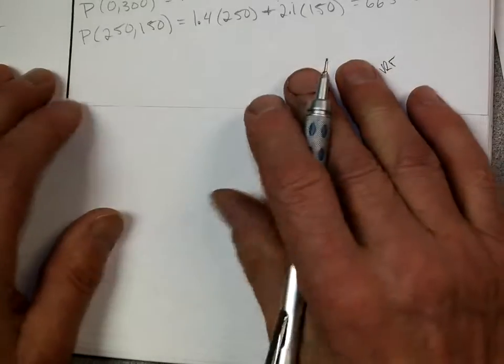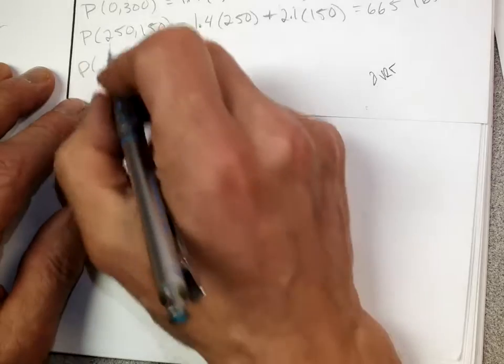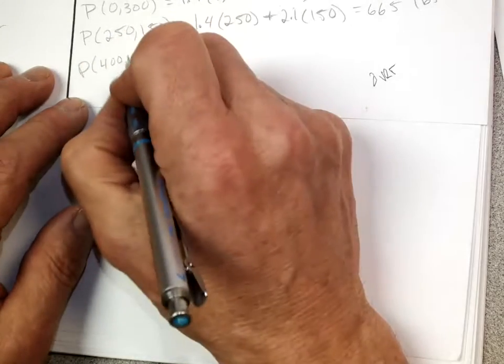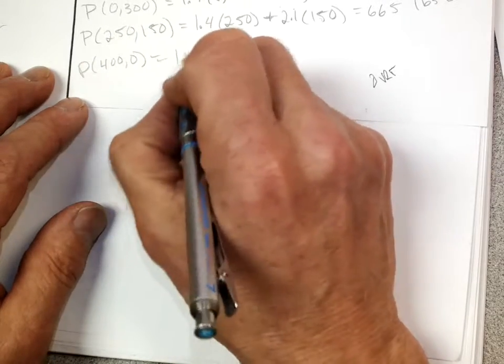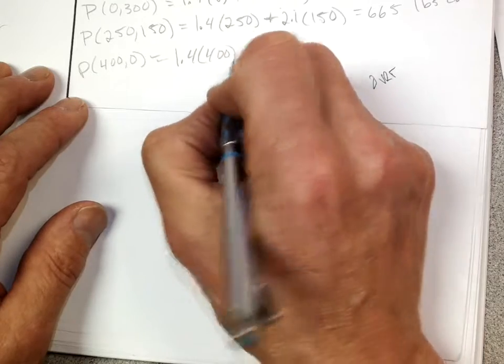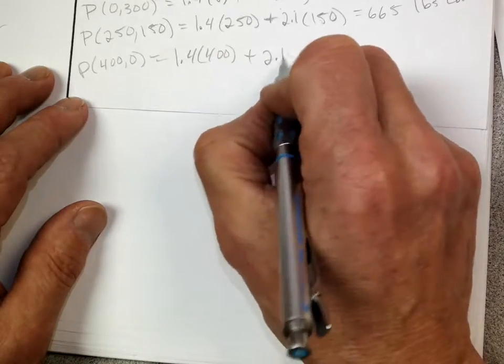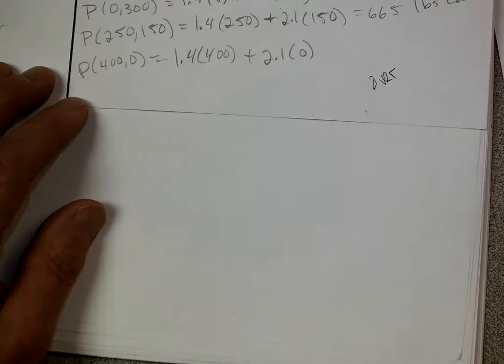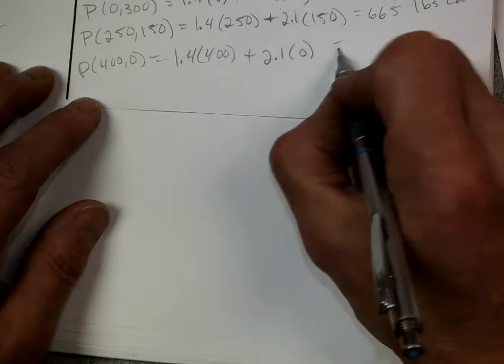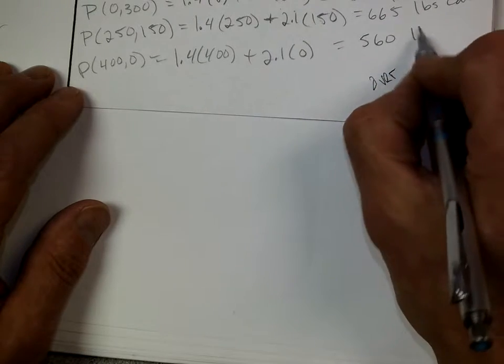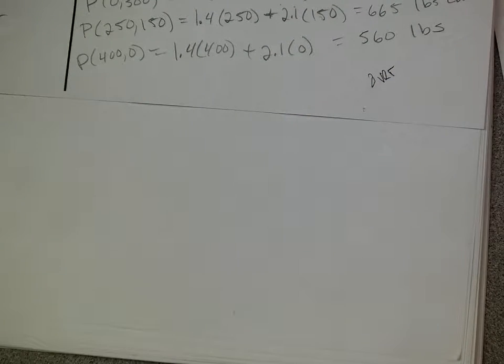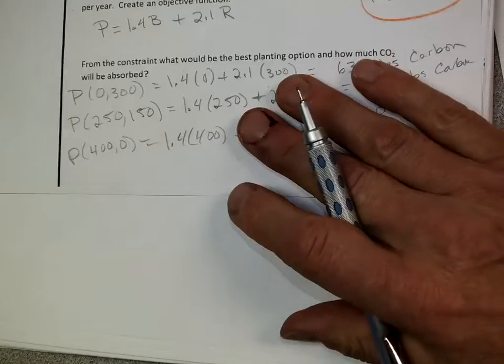Okay. In the last corner, we'll plug in 400, 0. 1.4 times 400 plus 2.1 times 0. And I get 560 pounds of carbon. So the question is, what should she buy? Which combination should she buy? The middle one.